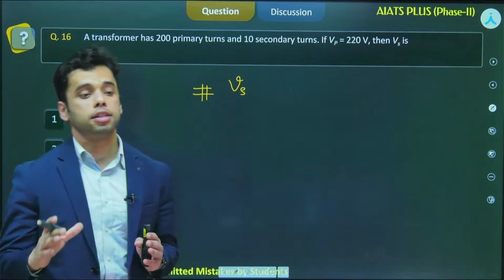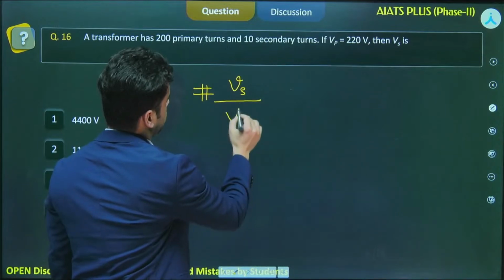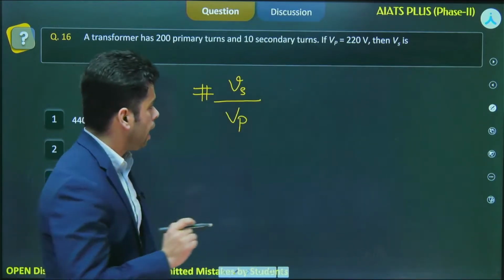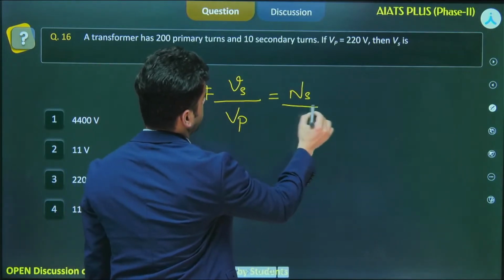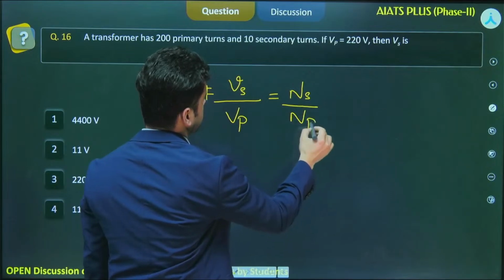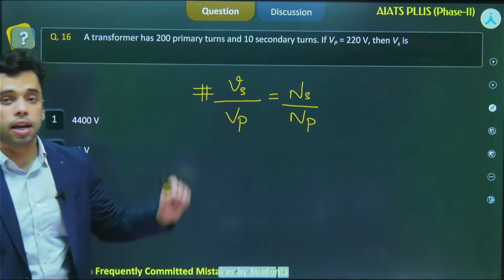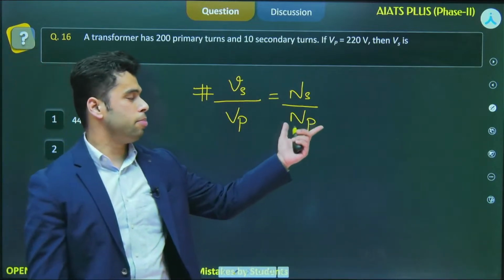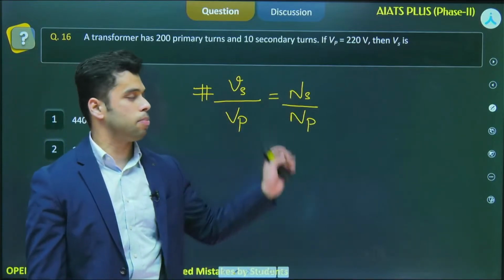Vs represents the voltage across the secondary, and Vp represents the voltage across the primary. Ns is the number of turns in the secondary, and similarly Np represents the number of turns in the primary. So Vs by Vp is equal to Ns by Np.